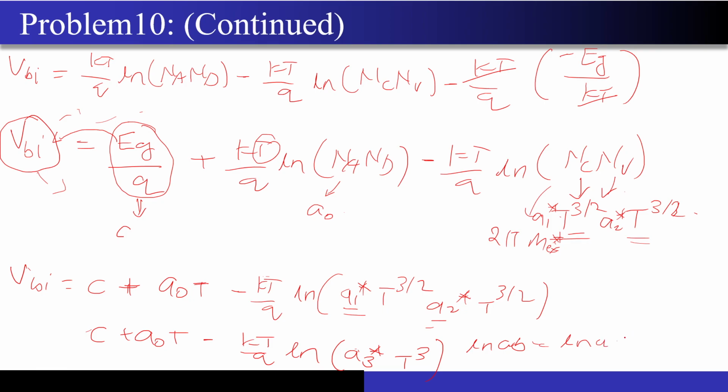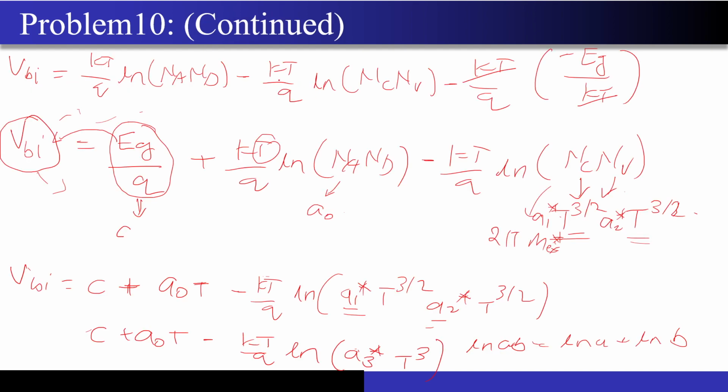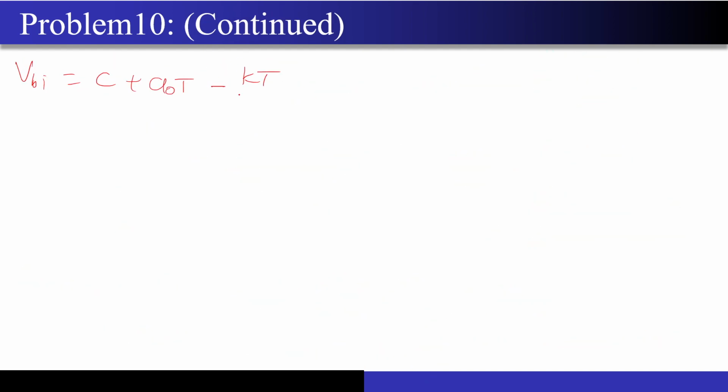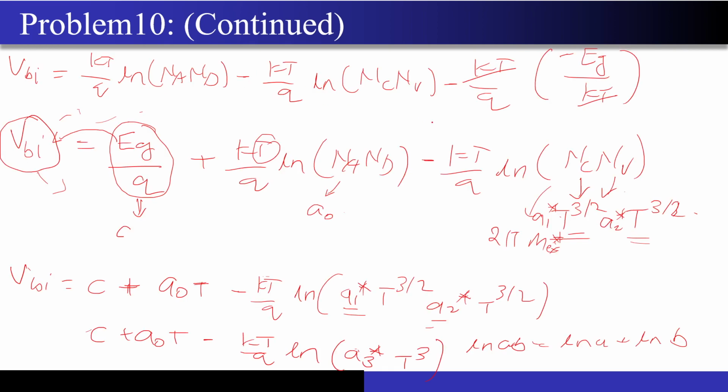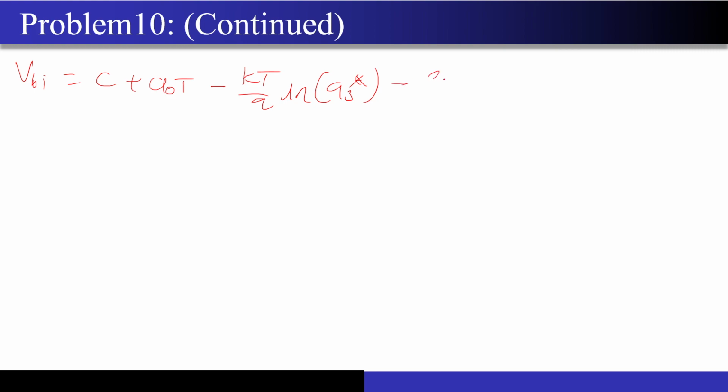Your ln A plus ln B. So now your VBI will become C plus A0 T minus kT by q ln of A3 star minus 3kT by q ln of T.